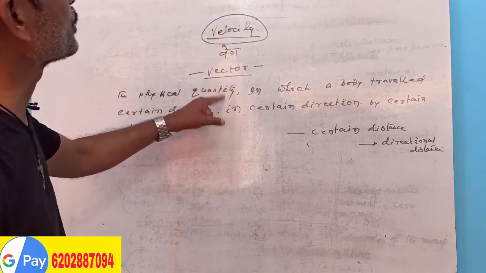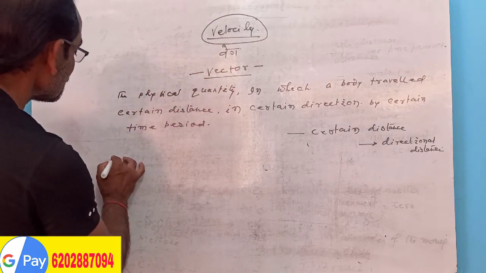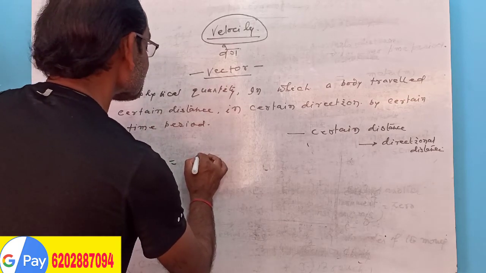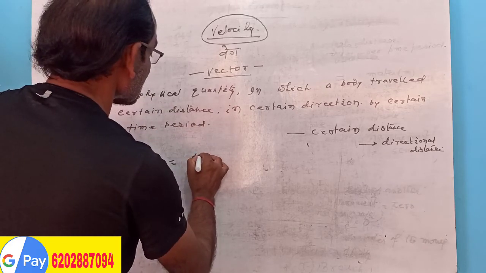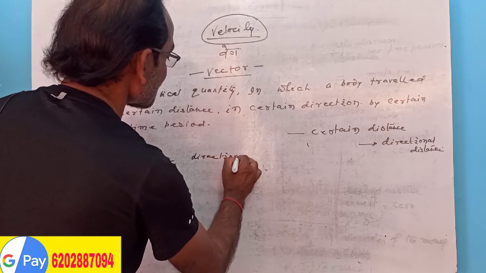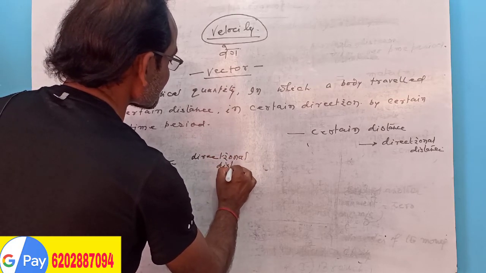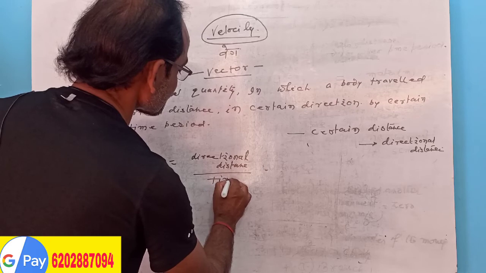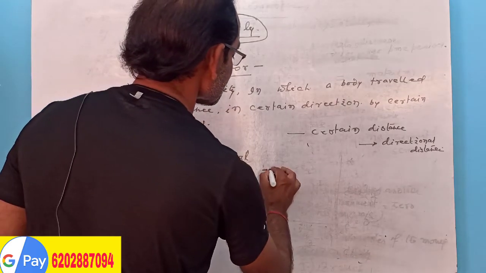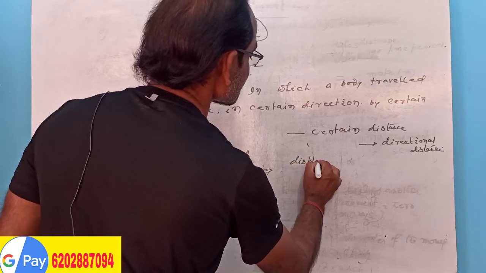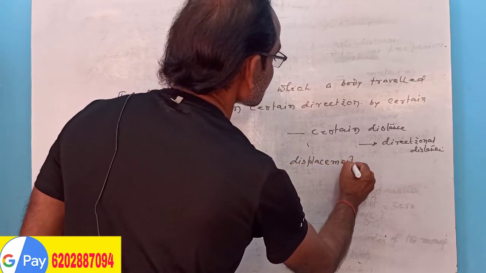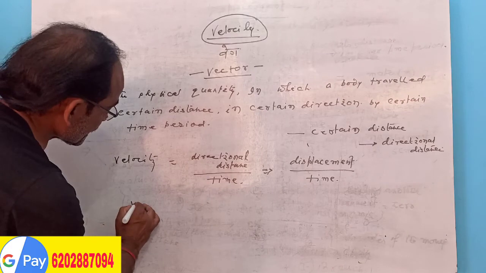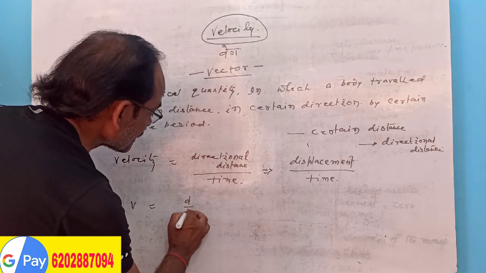So, velocity equals directional distance upon time, that is displacement by time. V equals d by t.